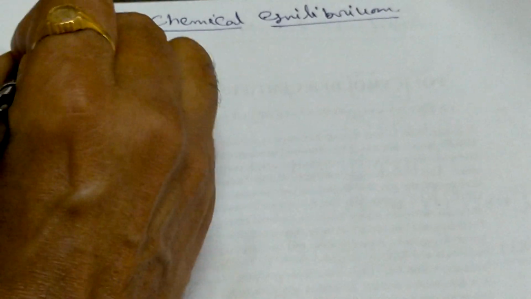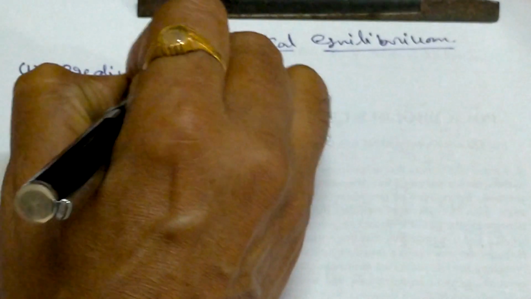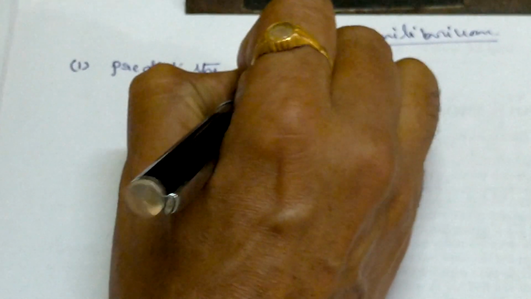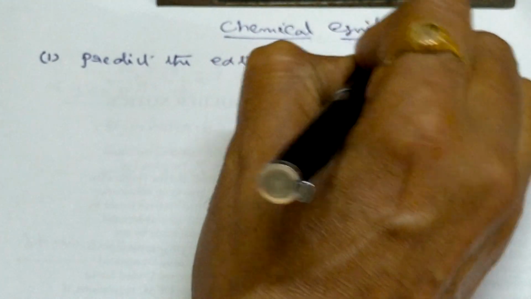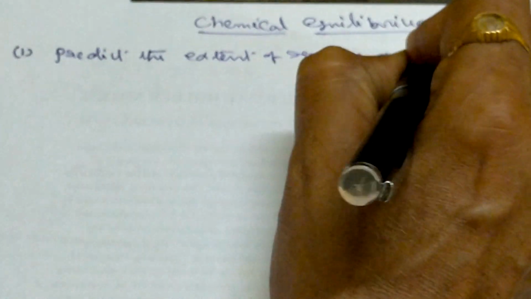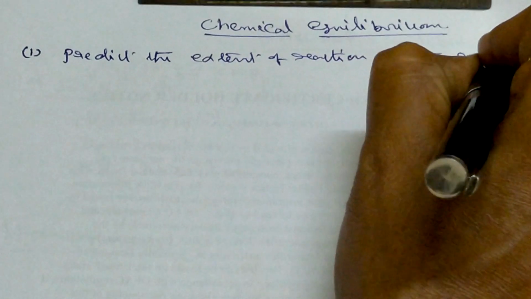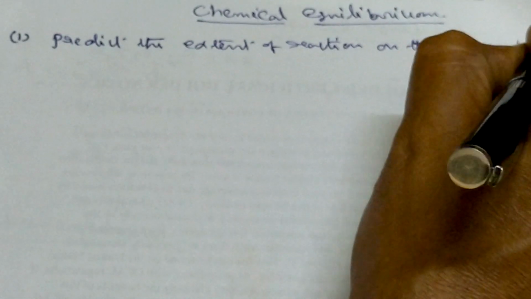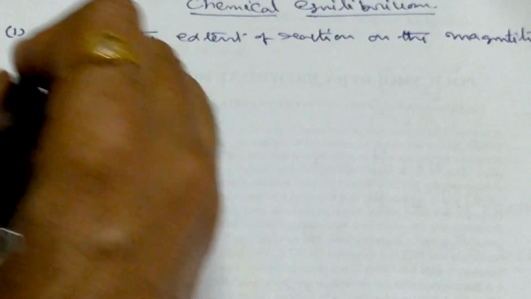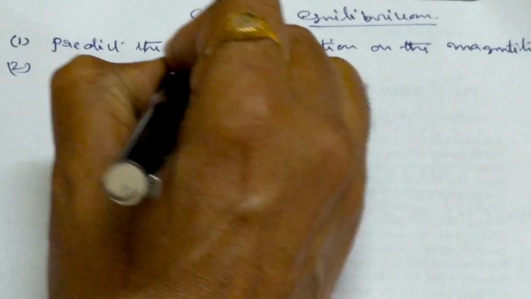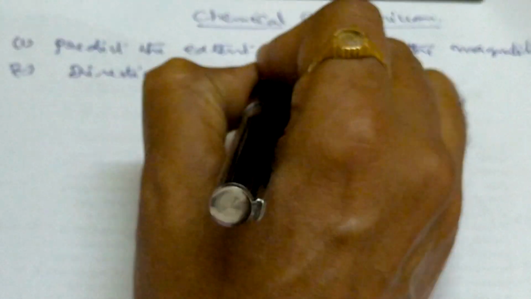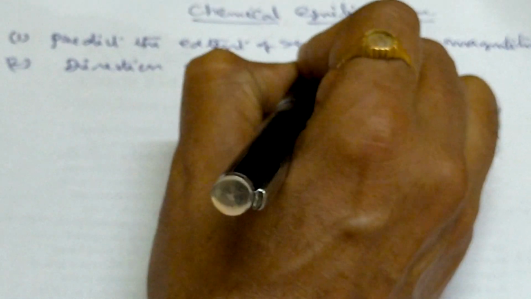So, what is the first use of this? Predict the extent of reaction on the basis of the magnitude. The second one is the direction of the reaction, whether forward reaction or backward reaction is the predominant.